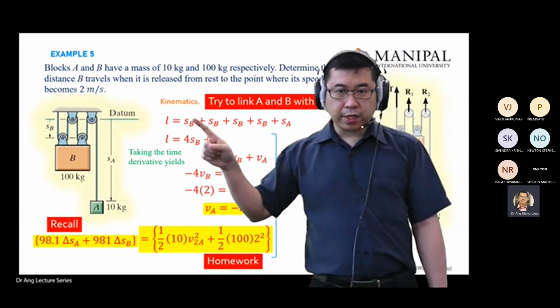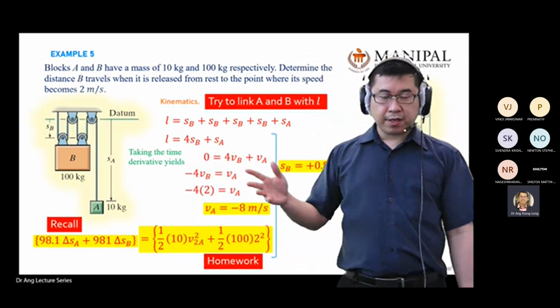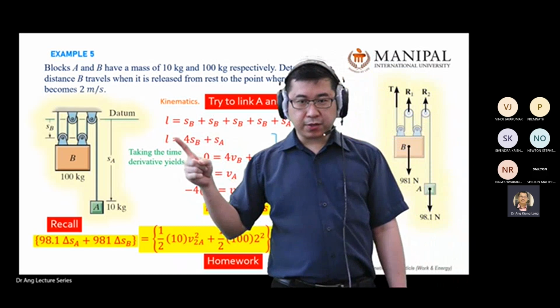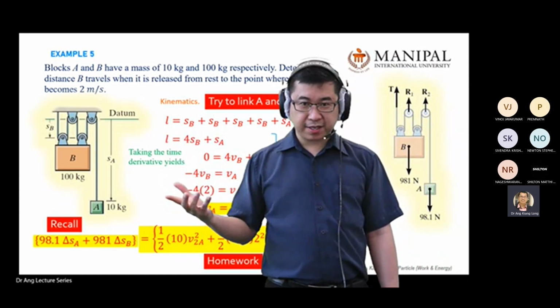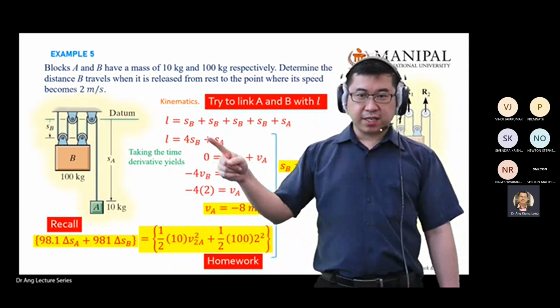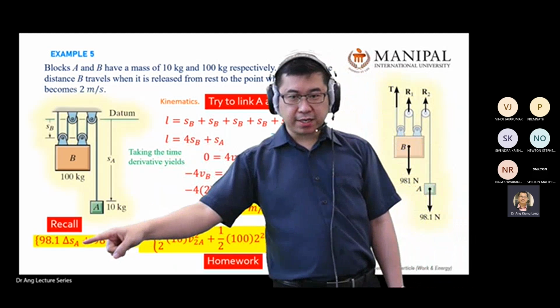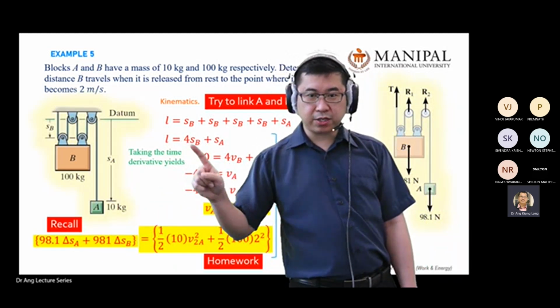Okay, so here the length is not given, but the length doesn't change. You can just assume L equals something. L equals 1, L equals 2, L equals 3. Once you substitute inside here, you have the SA and SB relationship.